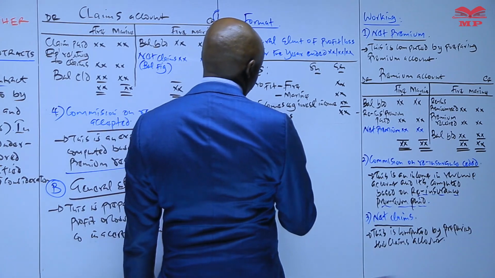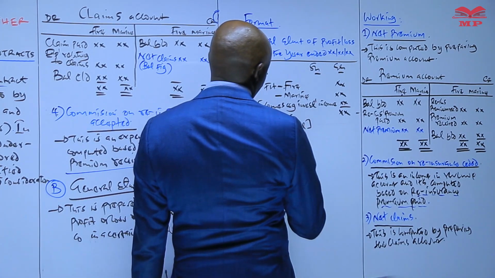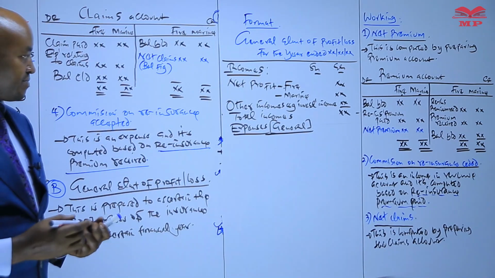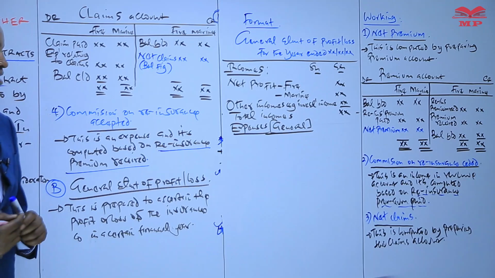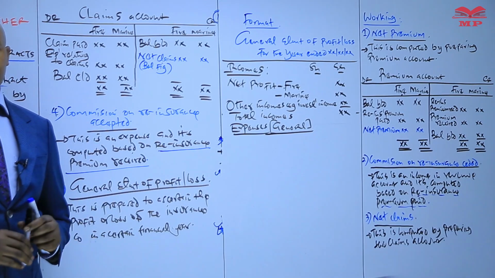The expenses which we deduct here are the general expenses. When we talk about the general expenses, we are talking of those expenses which are incurred by the insurance company, not as a result of undertaking a certain insurance business.